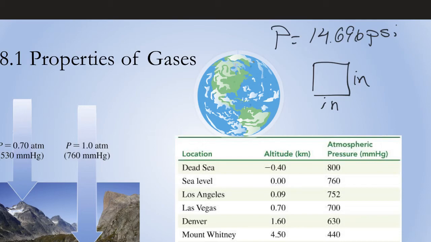I've done the math. The average male is going to end up having around 45,000 pounds of just air pushing down on you. And the average female is going to have like 35,000 pounds, much less, because men are bigger than women, generally speaking. And so there's a lot of air pushing down on you from above.